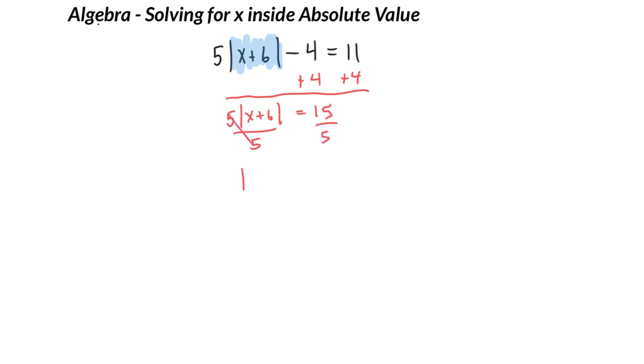Now, the absolute value of x plus 6 is equal to 3. Is 3 a possible output of absolute value? The answer is yes. You can't get a negative 3, but you can get a 3. So now we proceed to our two problems.